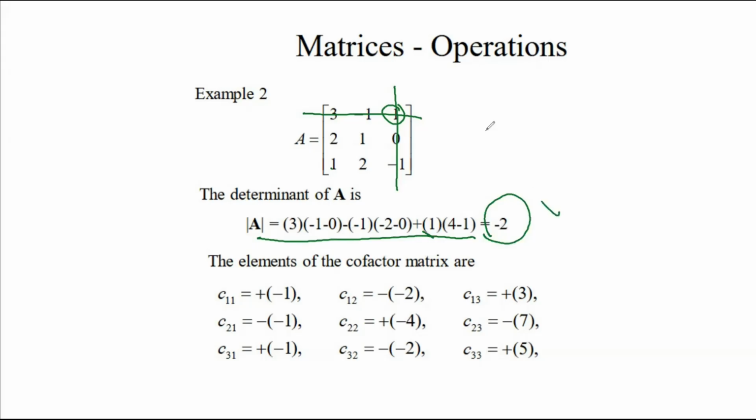What you have to do next is take every element inside this thing here and repeat this cofactor procedure. So notice what was done here. A lot of work now.